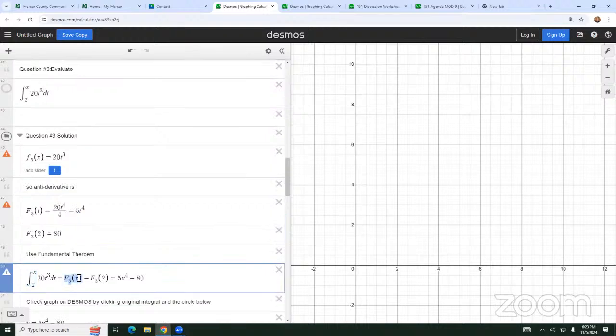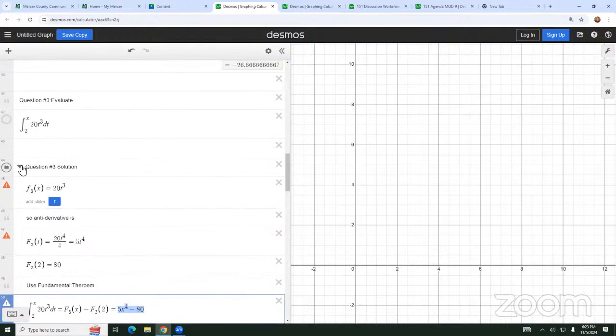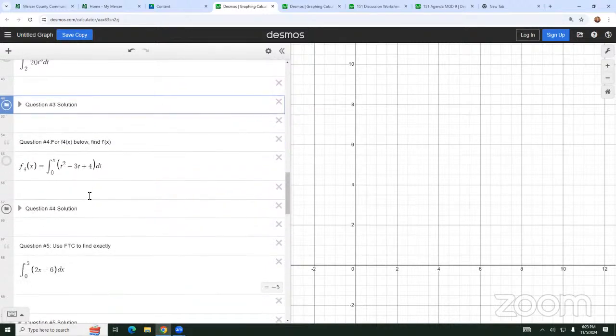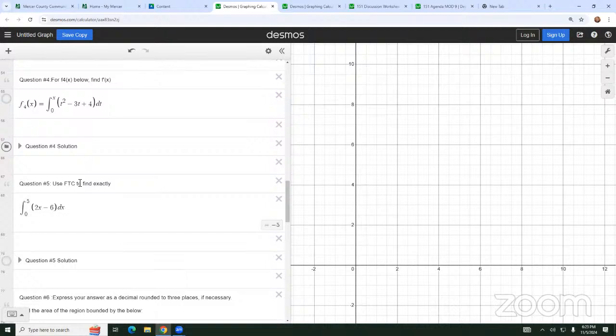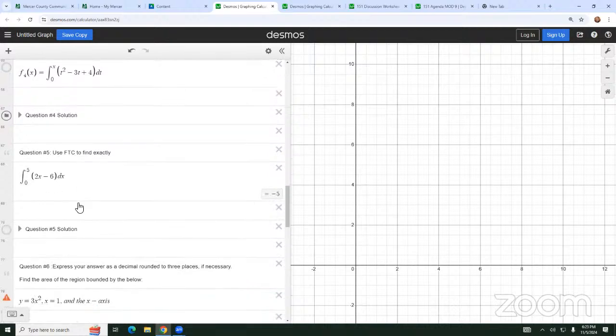So you plug x in for the first one, and then you plug in 2 for the second one. So you have 5x to the fourth minus the antiderivative evaluated at 2, which is 80. Okay. All right. This one obviously doesn't need the fundamental theorem because the answer is right there.